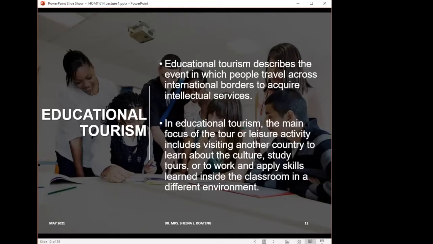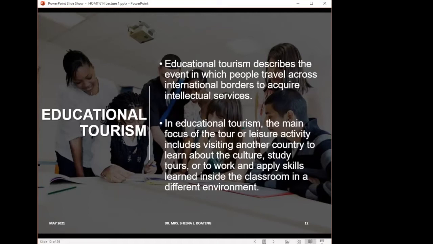So in educational tourism, the main focus of the tour or leisure activity includes visiting another country to learn about the culture, study tours, or to work and apply skills learned inside the classroom in a different environment.